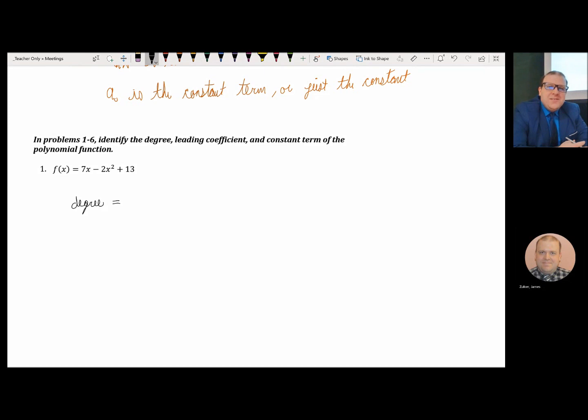What is the degree? Keep in mind, it does not have to be written in descending order of powers. That just happens to be, I think it's called, the standard form.